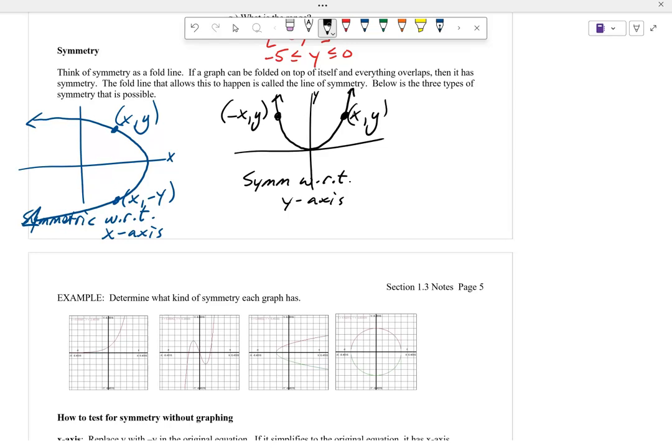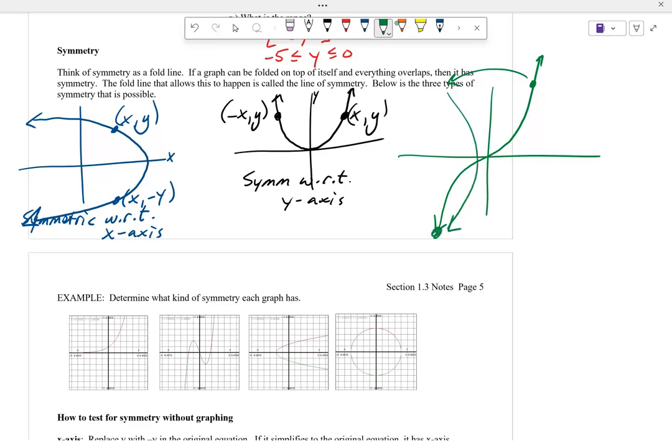Now, if you're symmetric with respect to the origin, that means that every xy that you have, it flips it about both the y-axis and the x-axis. So it flips it down here. So this xy would be -x, -y. So it flips it about both axes. So I'm going to erase this so you can see that. So for example, if I have the point 2, 8, I would have -2, -8 on the same graph.